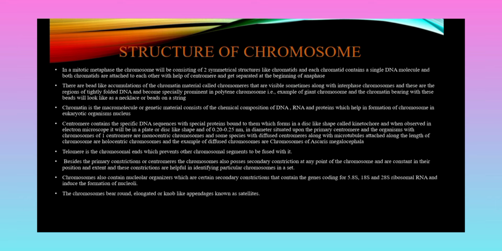Now, there are bead-like accumulations present on the chromatin material. These bead-like accumulations are known as chromomeres. These chromomeres are sometimes visible during interphase, and the chromosomes are also present in tightly folded DNA regions.